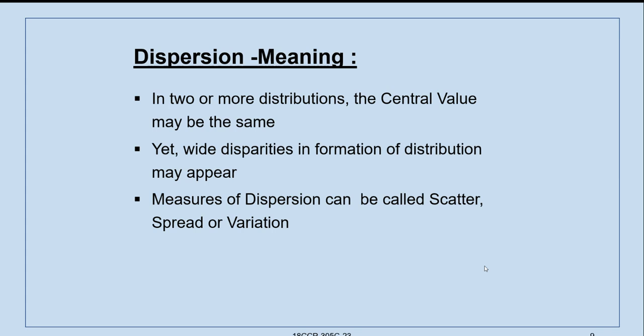That means the center value may be the same for all the series taken. But very wide disparities, wide means very large disparities, very big disparities. Disparities means differences in formation of the distribution may appear in the given series.